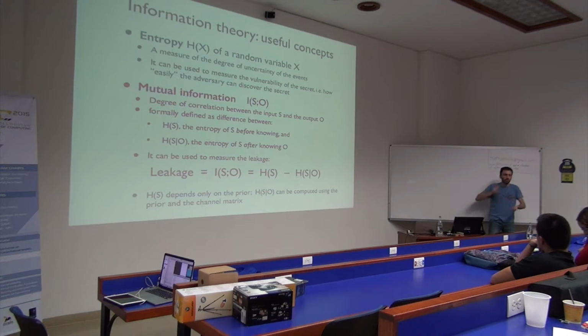So I could write down a formula and tell you that, okay, this is a great formula and the leakage is 5. I'm going to say, okay, 5 is good, right? But then, of course, to be able to say whether 5 is good or not is a different story.